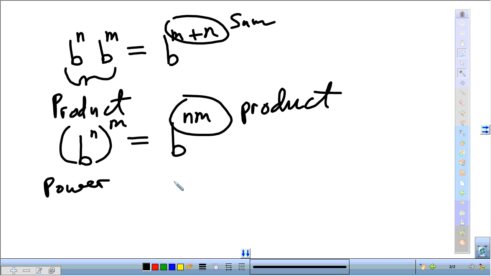So, the observation was over time that I could take all these complex things, powers, products, and turn them into essentially just sums.